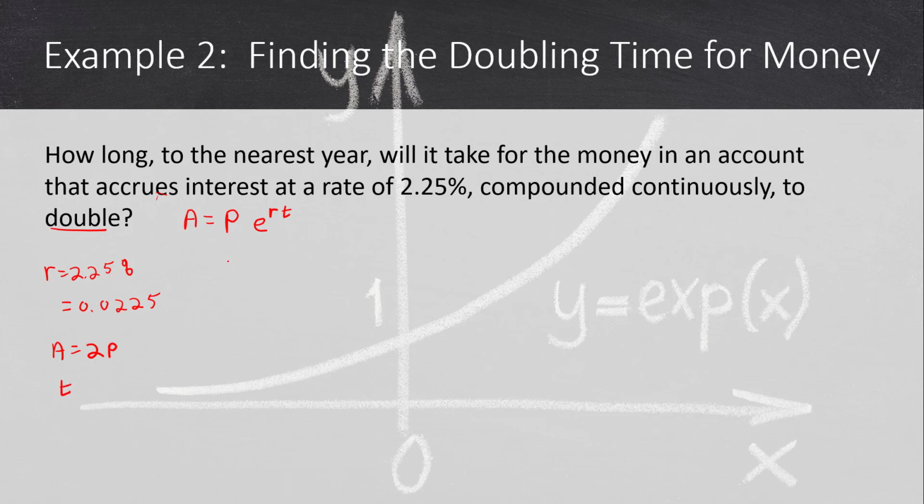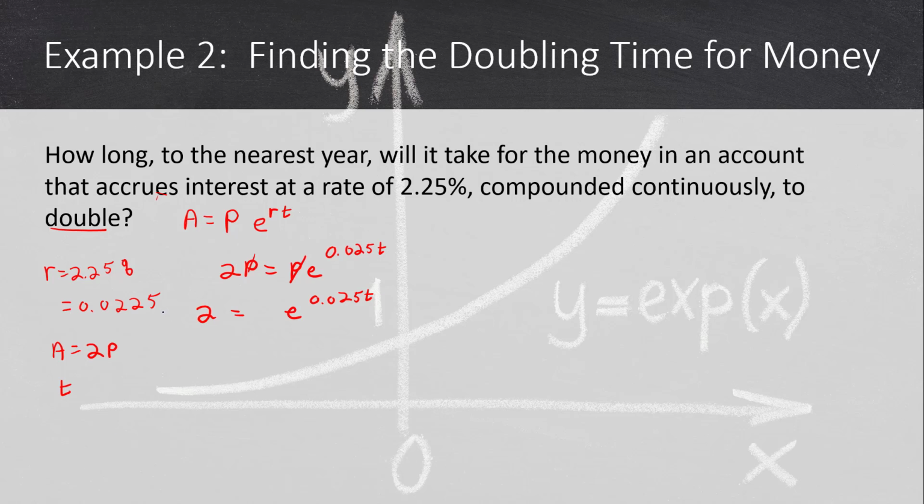Okay, so making the substitutions, we will have that A, which is now 2P, is equal to P times e to the 0.0225t. The P's cancel, and then we have 2 is equal to e to the 0.0225t.